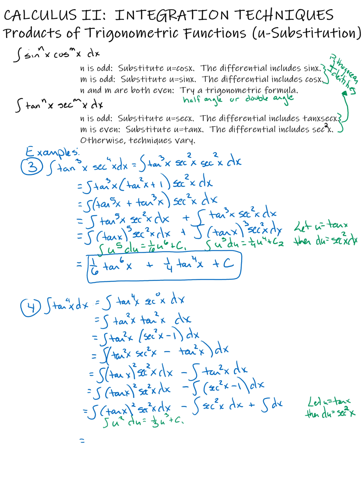That's going to be 1/3 u cubed, but u again is tangent, so that's tangent cubed x, minus, now this piece here, the integral of secant squared x dx, that's just tangent of x. And then finally, integral of dx, that's just an x. And then we have all of the constants from each of those integrals there at the back, plus c. And there we go. Enjoy!